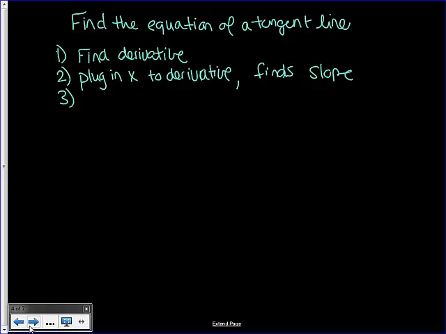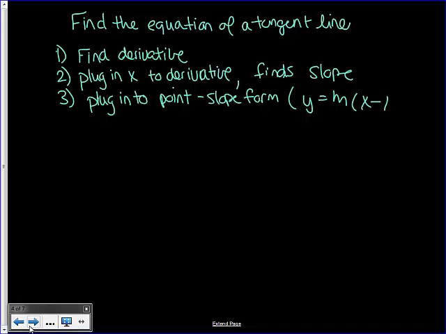Three, we're going to plug it into point slope form. And again, this is something that I taught y'all when we went back over it at the very beginning of the year. It is y equals m times x minus x1, all plus y1.